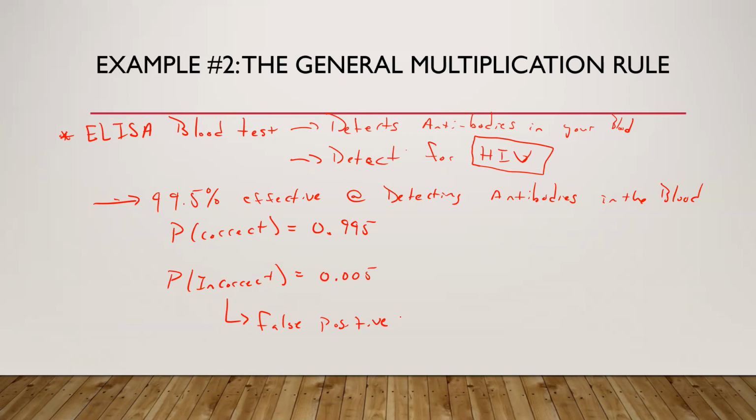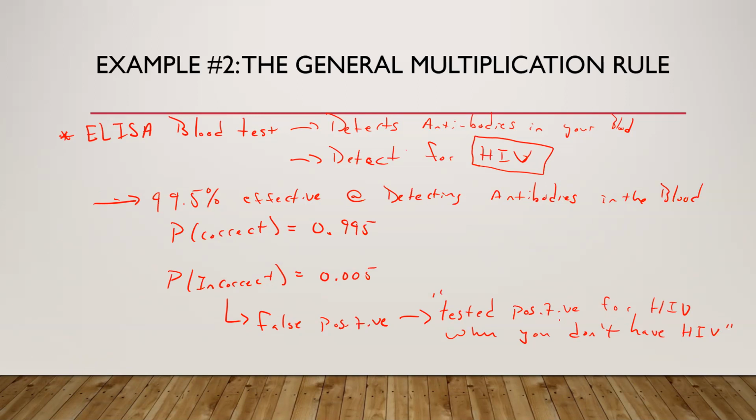That would mean that you tested positive for HIV antibodies, but you don't actually have HIV. Is that a good or bad outcome? It's bad, but also better than the alternative, I guess. Yes, it is a bad outcome.